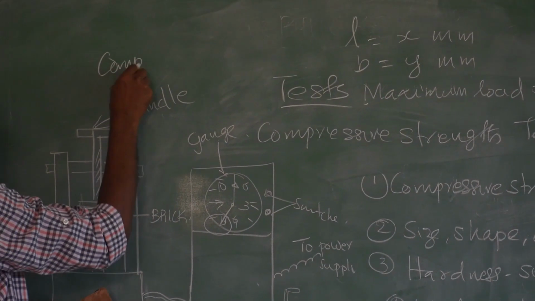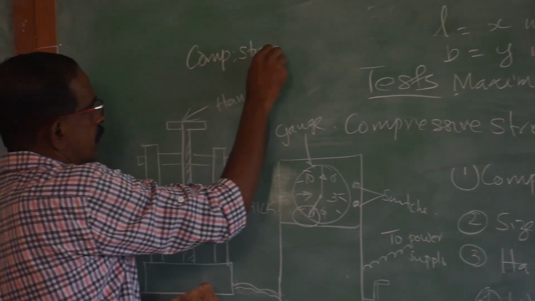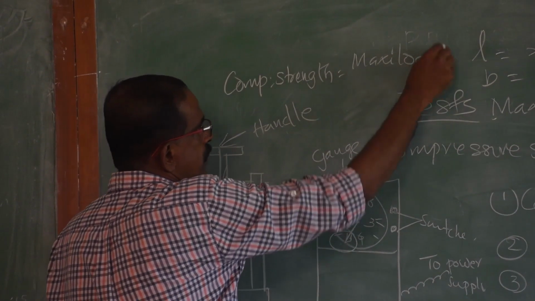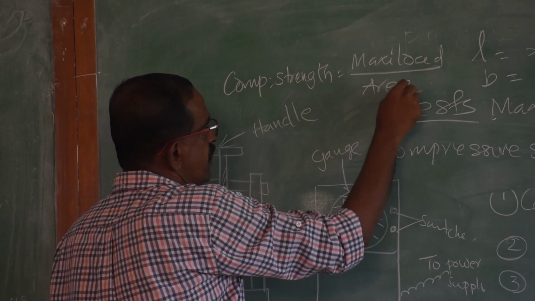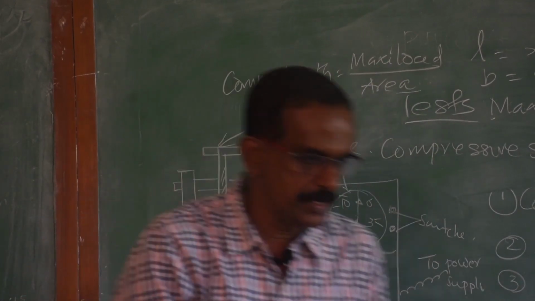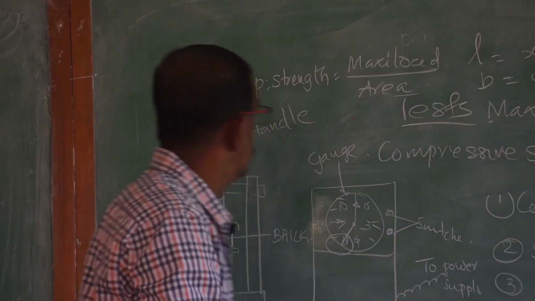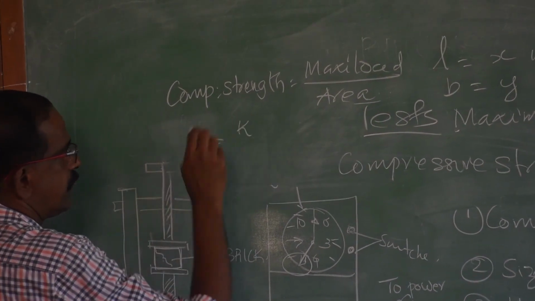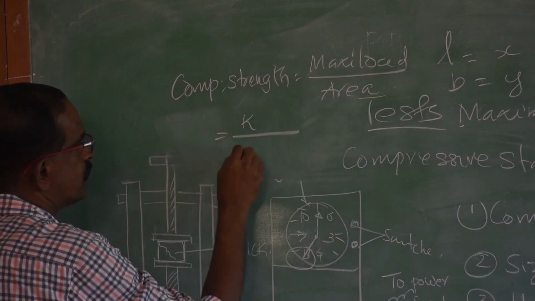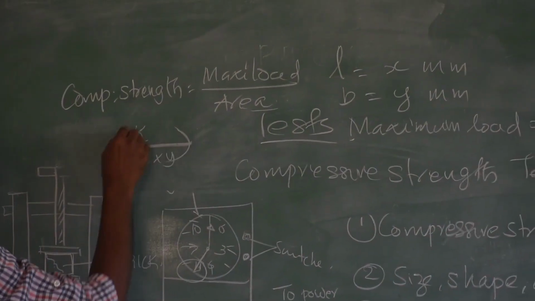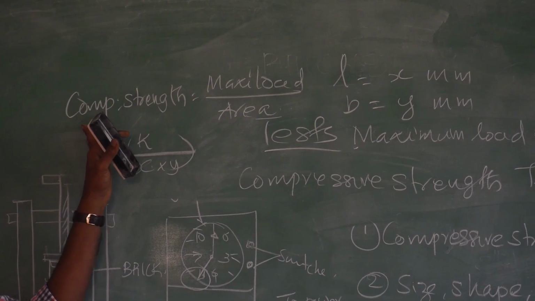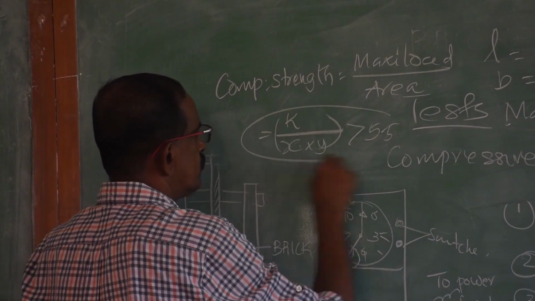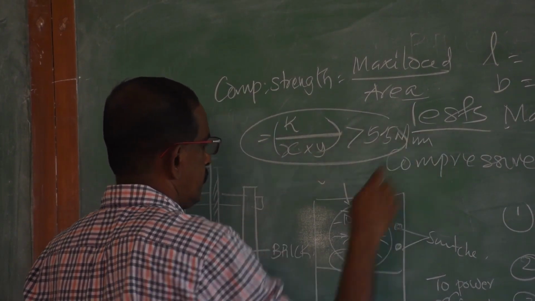Compressive strength of the brick is equal to maximum load divided by the area on which the load is applied. In our case, the maximum load is K Newton, and the area on which the load is applied is x into y. So this is the compressive strength. As per the specification, this value should be more than 5.5 newtons per mm square.